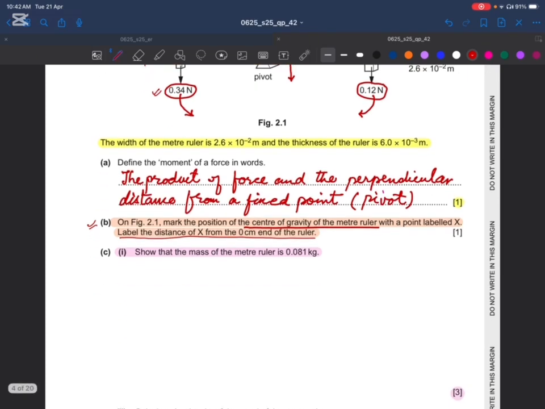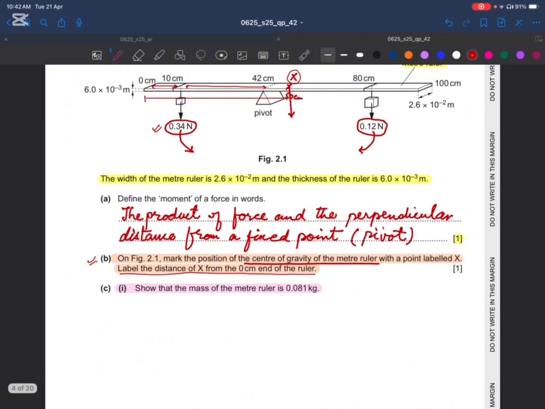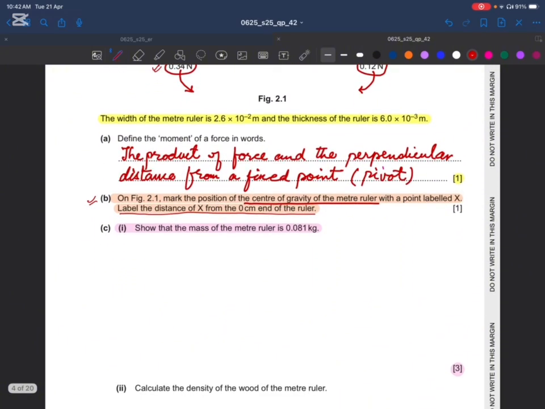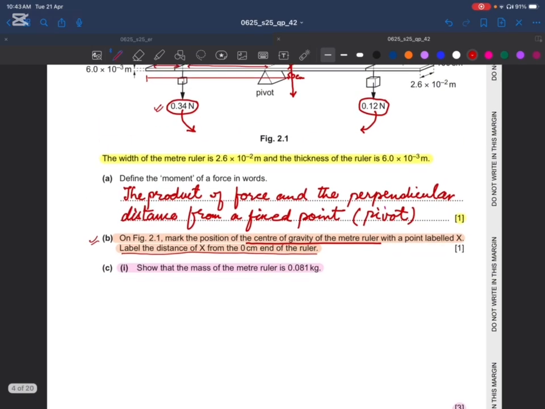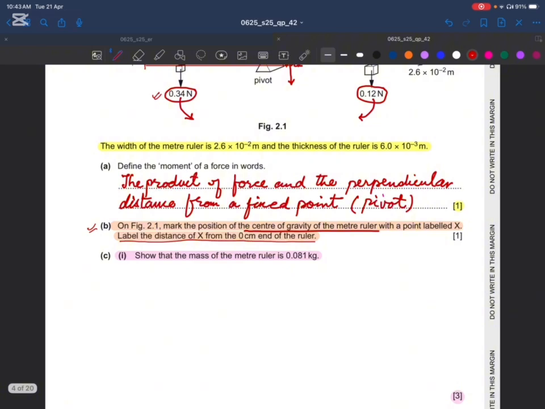So, anti-clockwise torque is equal to clockwise torque. As you have studied in case of equilibrium, we have this formula. What is the formula? Simply you can say that anti-clockwise moment is equal to clockwise moment.